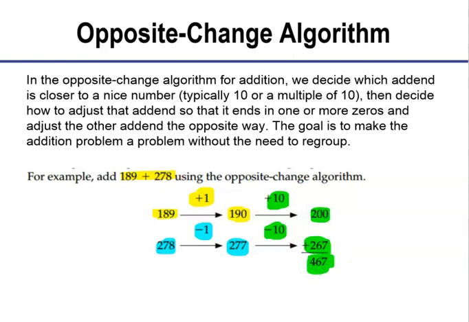You can also write it down like we did here. So this opposite change algorithm means you add to one and you subtract from the other, and that still gives you the same result as just adding the two numbers together. It's an interesting way to go, and sometimes quite valuable, especially if you're doing some mental math.